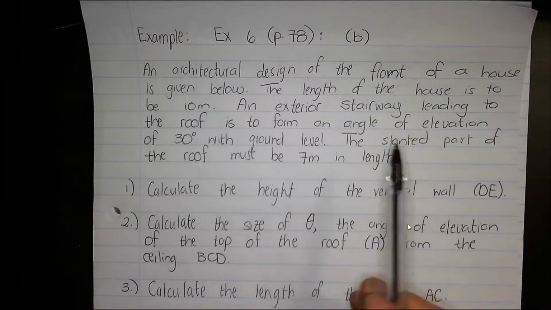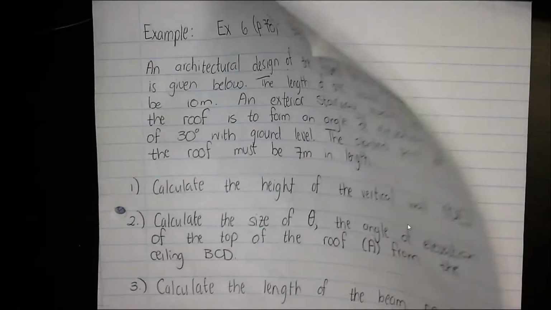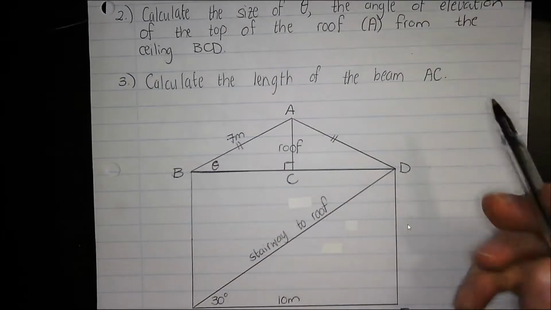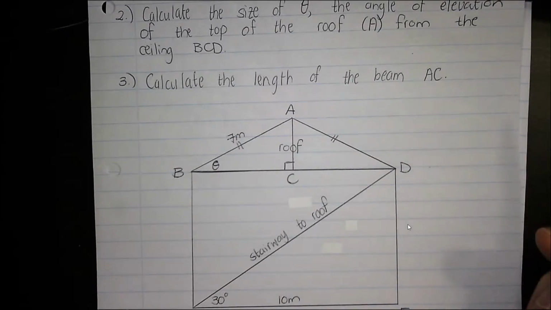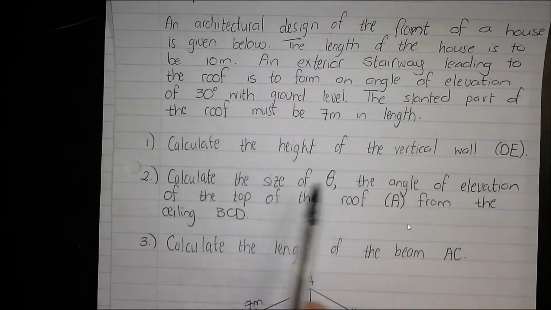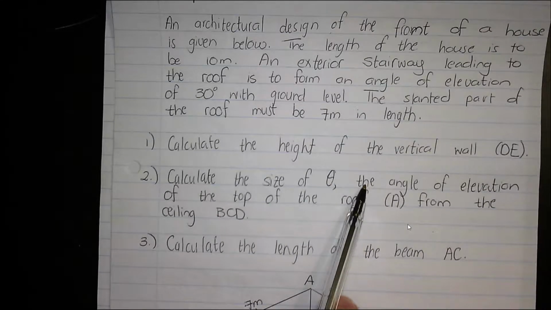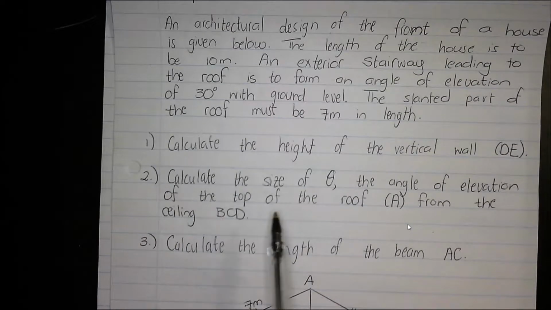Calculate the height of the vertical wall. So they want the vertical wall DE. And calculate the size of theta, the angle of elevation of the top of the roof A from the ceiling BCD.